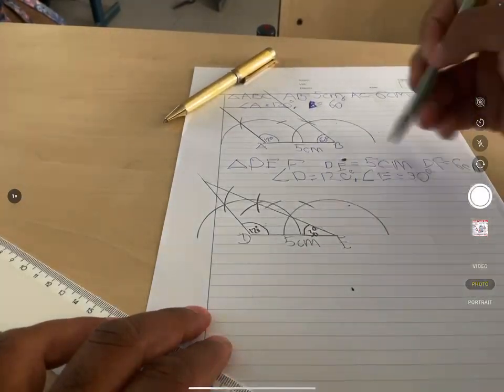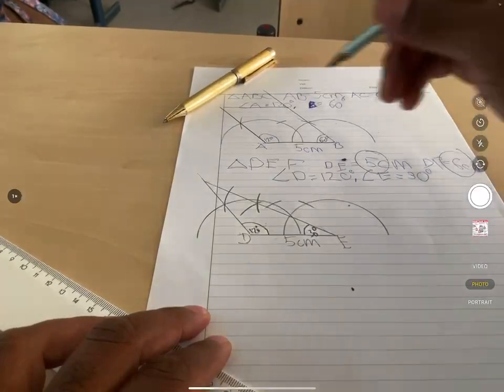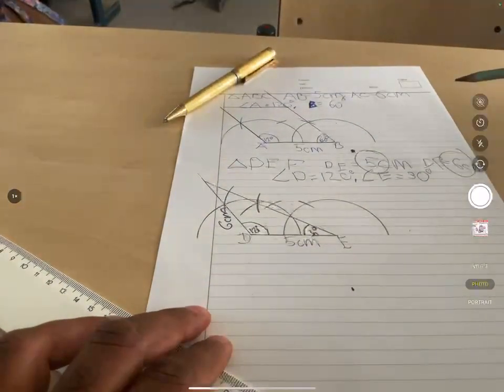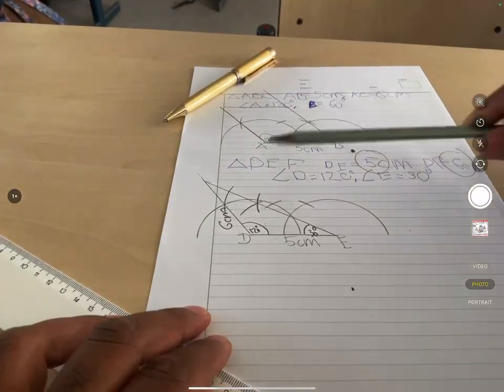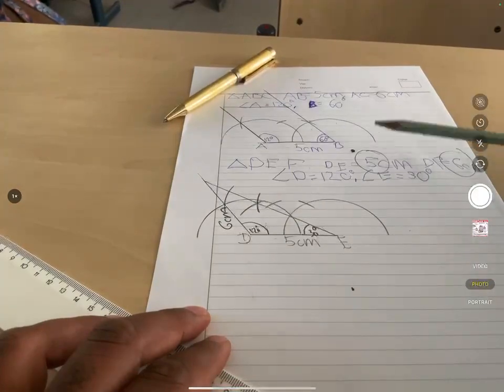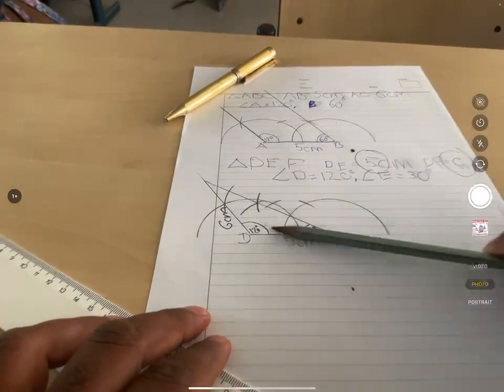Do not forget to place the measurements given 5 and 6. So you have to place here 6 centimeters. Do not worry with the longer one, this one, because they only asked 5 centimeters, 6 centimeters, 120 and 30. So that has to come back here.